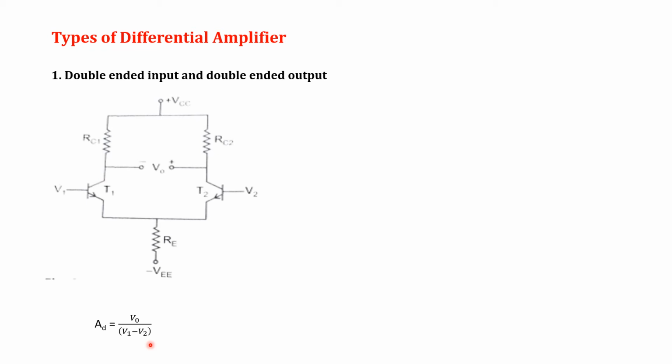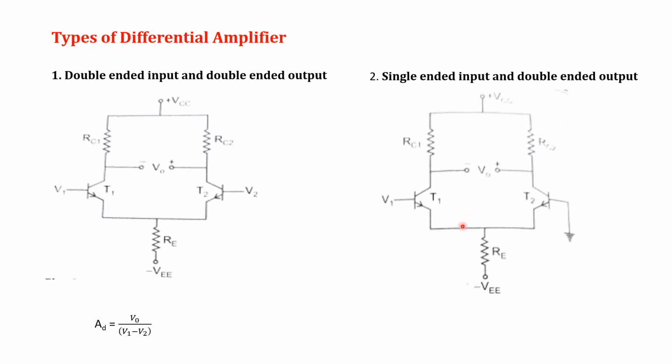Another type of differential amplifier is single-ended input and double-ended output. Its circuit connection is shown here. In this type of differential amplifier, it has one input, whether V1 or V2, and output is taken between the two collectors.